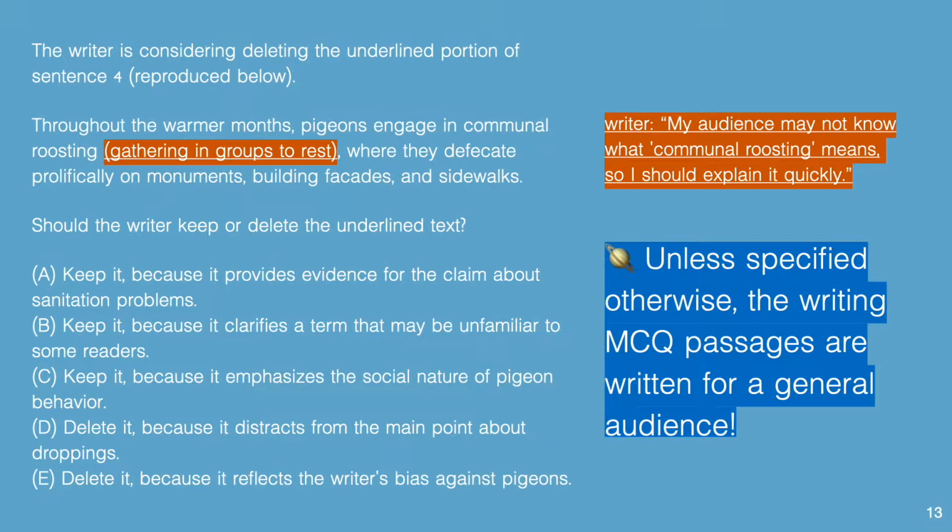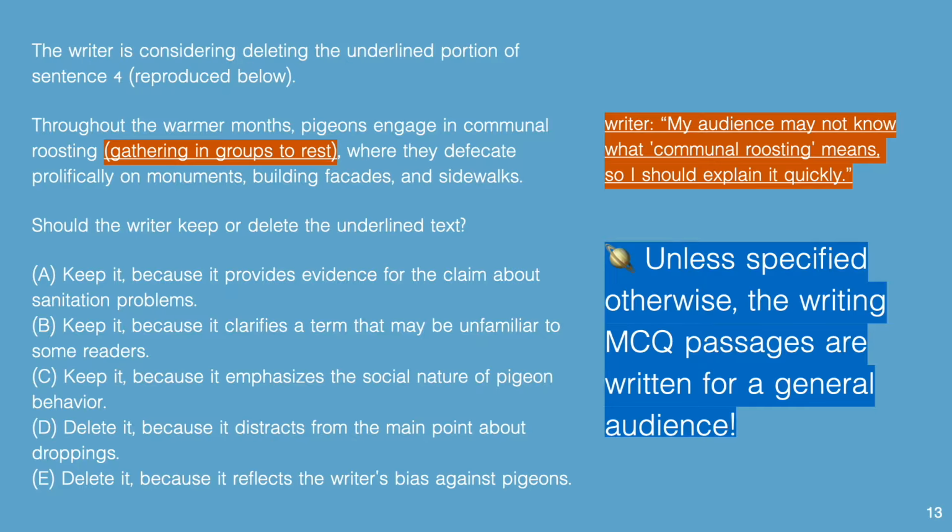Unless specified otherwise, the writing MCQ passages are written for a general audience, not experts, just ordinary people, the general public. Would a general audience know what communal roosting means? Probably not, because that's a technical scientific term.